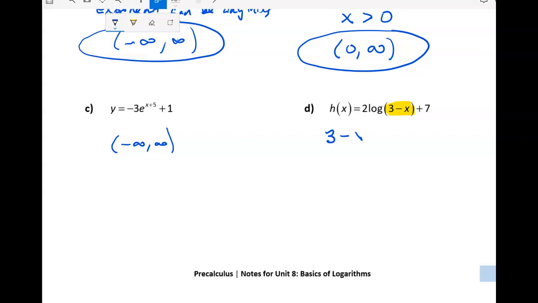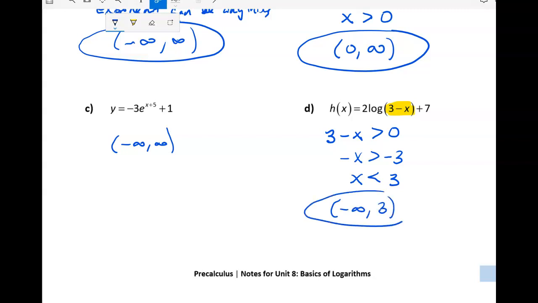So we're taking the logarithm of 3 minus x, so 3 minus x must be greater than 0. That's a linear inequality, so we may solve this one algebraically. Remember to divide by a negative. You're going to switch the direction of the inequality, so x is less than 3. That's the interval from -infinity to positive 3, not inclusive of 3.